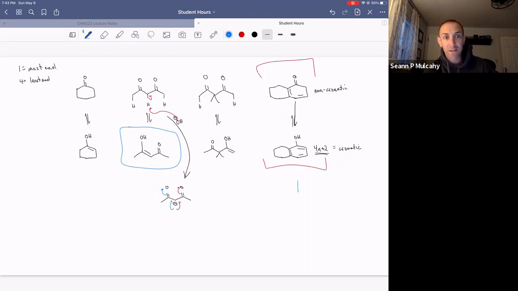So it's much more likely to become an enol if it has 2 different directions that it could go. And so the more acidic the proton is, the more stable this conjugate base is going to be, but also the more enol you're actually going to form in the first place. So this one is number 2.